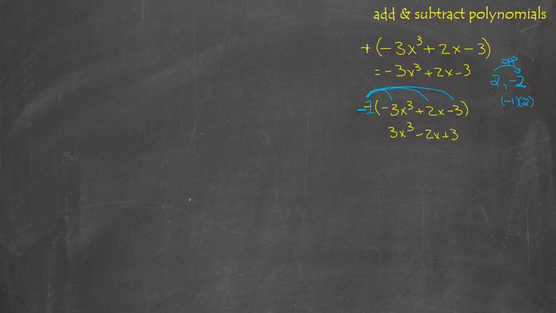So let's start with an example. Let's take negative 2x squared plus 3x minus 5, right?